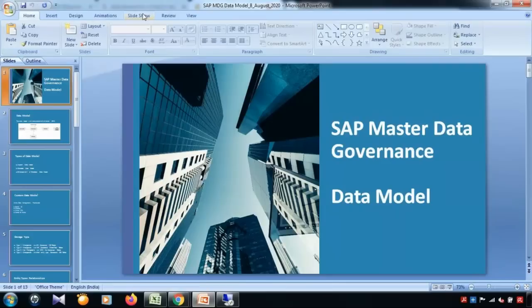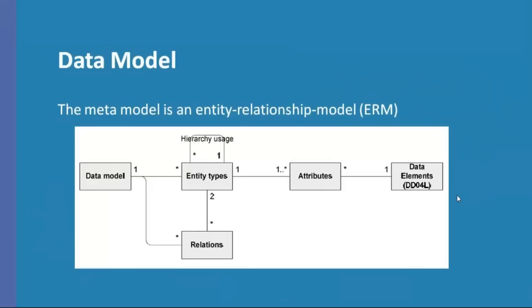The data model is a place in the MDG framework where we define the whole structure of the framework, like whatever entities, whatever entity types there will be, what the relationships between those entity types will be, and defining the access class, and many more other details which we define in the data model.